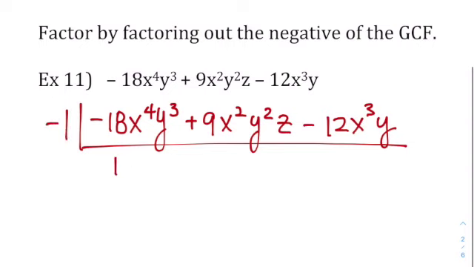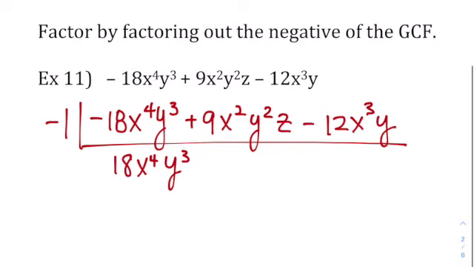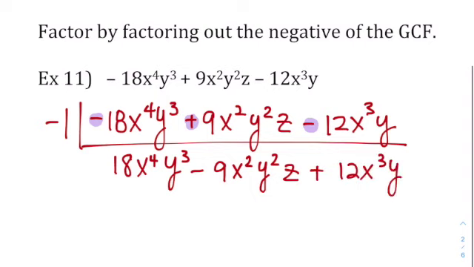That's really just going to be 18x to the fourth, y to the third, plus, actually that becomes negative half the time, a negative gives you 9x squared, y squared, and z. And if you pull out that negative, that becomes a positive. The sign changed. So that's going to be positive 12x to the third, y. And that's all for pulling out the negative. When you pull out a negative, all the signs in the problem change.